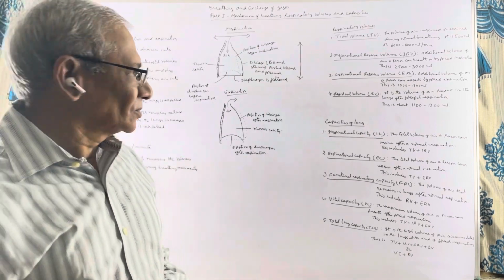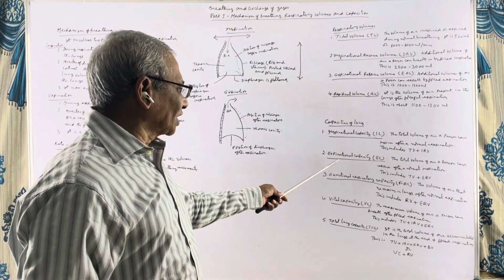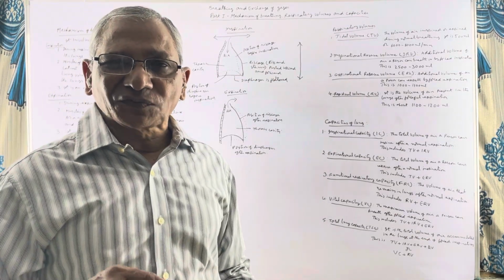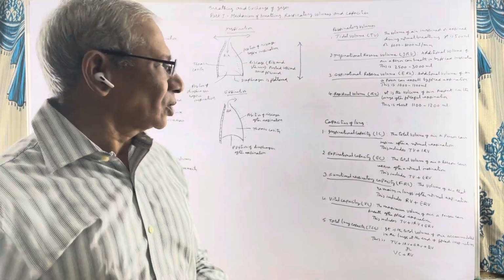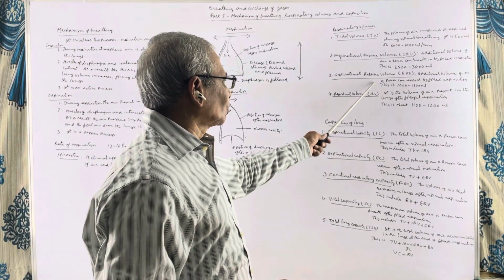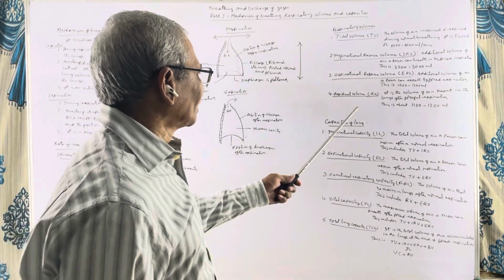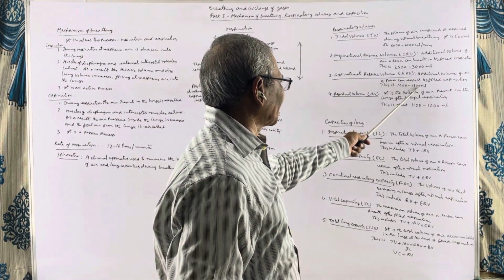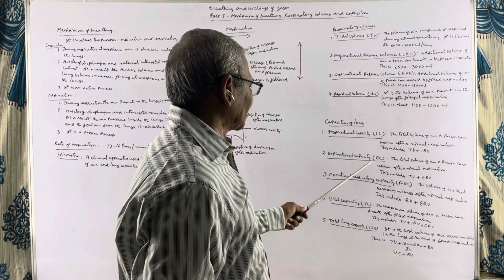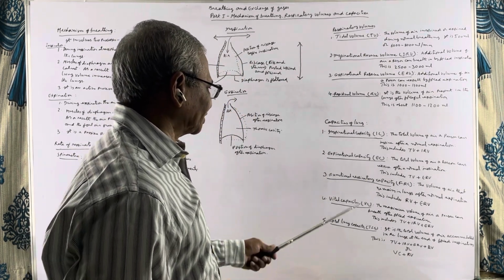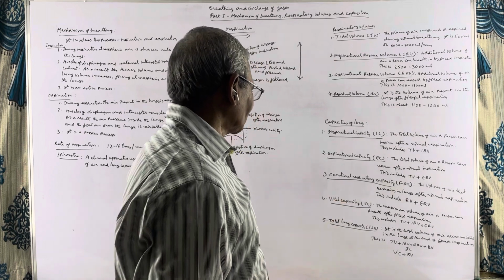So during forceful expiration, we expel not only these 500 ml of air, but also 1,000 to 1,100 ml of air. That means altogether 1,500 to 1,600 ml of air is expelled. That is expirational capacity. That is TV plus ERV.